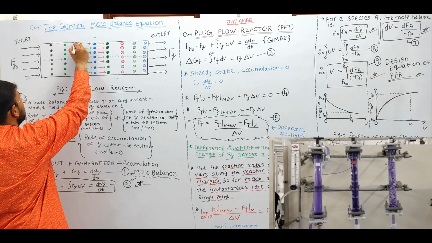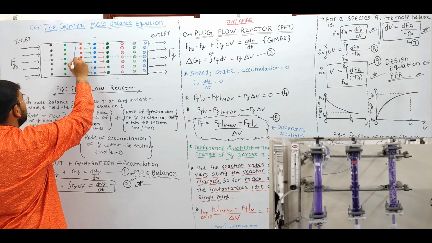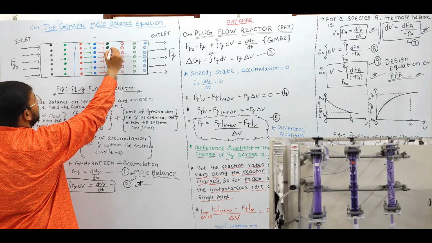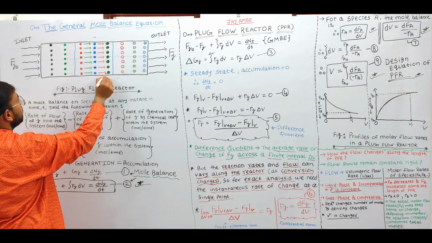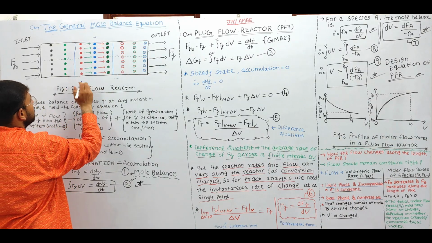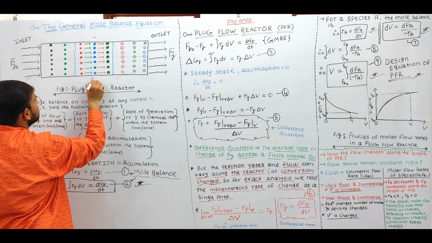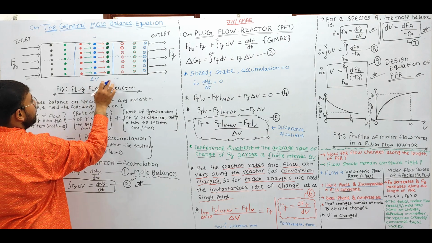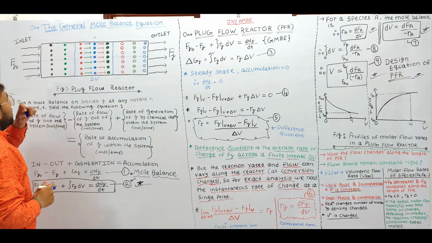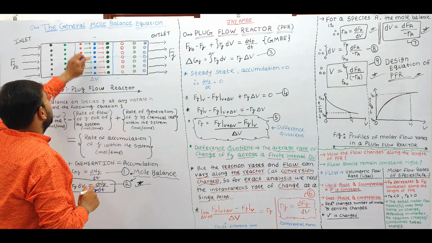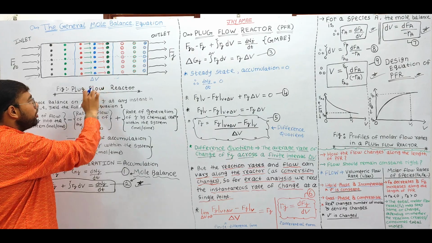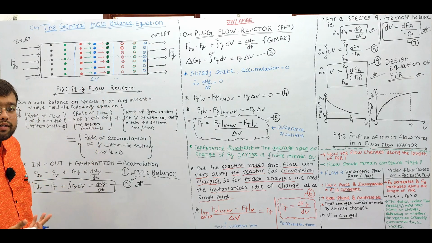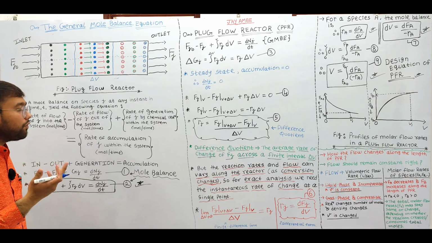Let's say we are accounting for this finite volume delta V. In this delta V volume, what will be the rate of generation, what will be the rate of formation?